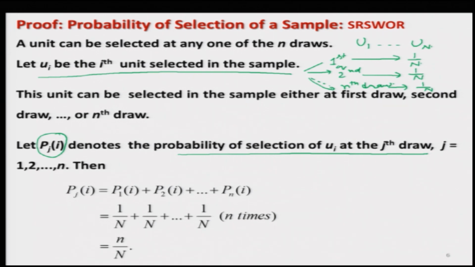This is the probability that the unit is selected in the first draw, in the second draw, or in the nth draw. So, the probability of selection of Ui in the first draw is 1 upon capital N, in the second draw it is 1 upon capital N, and in the nth draw also it is 1 upon capital N. So, these are small n number of terms. When they sum, P_j(i), the probability of selection of the ith unit at the jth draw, will become n upon N.